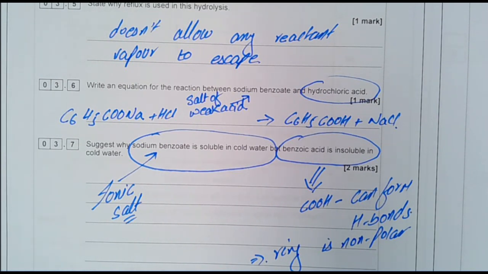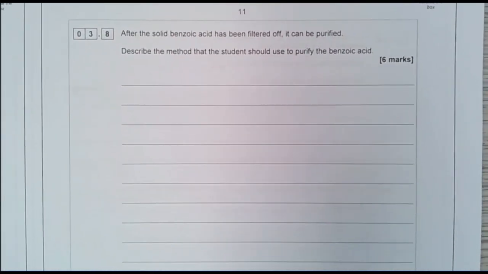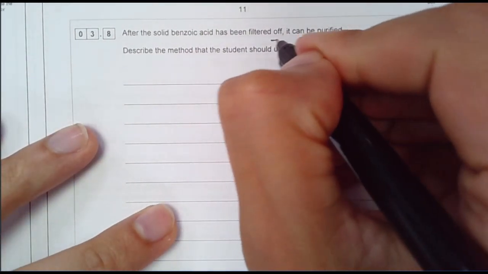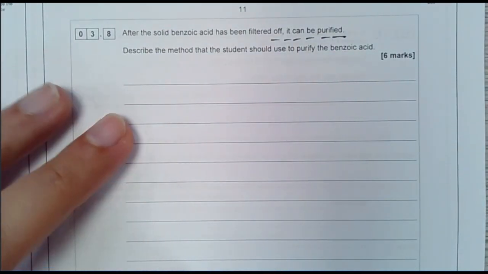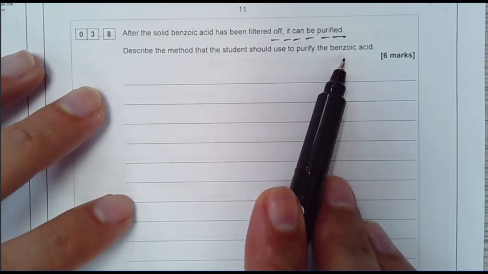Done. Okay. Next question here says, after the solid benzoic acid has been filtered off, it can be purified. What does this mean? This means it still has some impurities in it. Describe the method that the student should use to purify the benzoic acid.